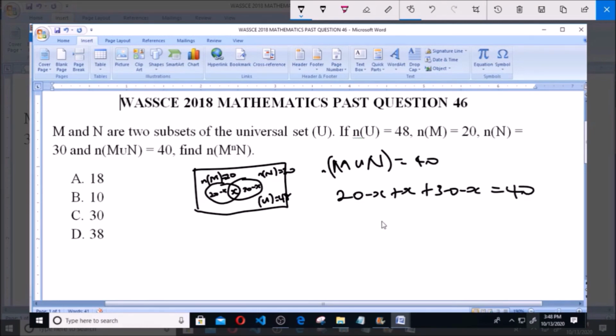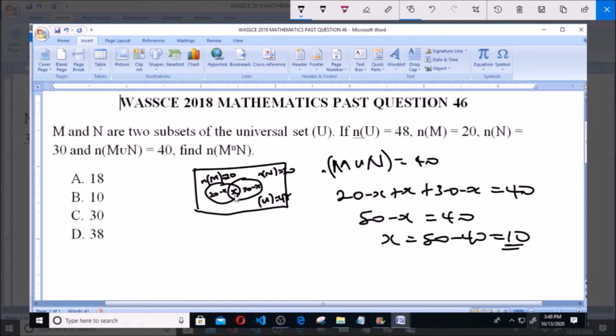From here, 20 plus 30 will give us 50, minus x plus x will give us 0, then 50 minus x is equal to 40. So we arrange this: x is equal to 50 minus 40, which is equal to 10. So x is 10.